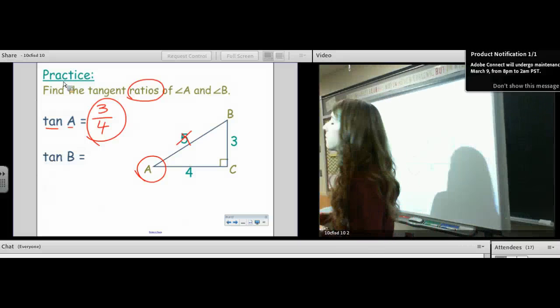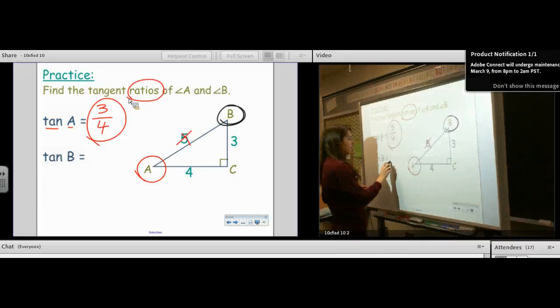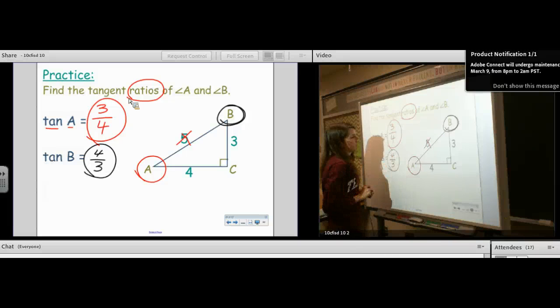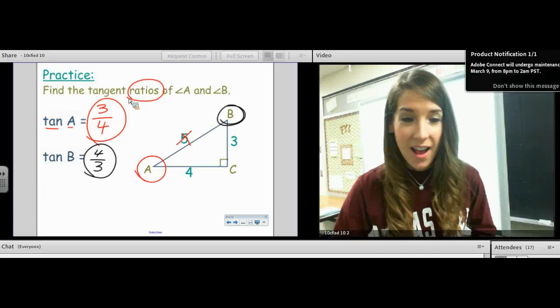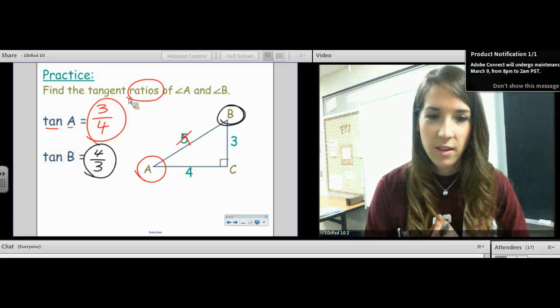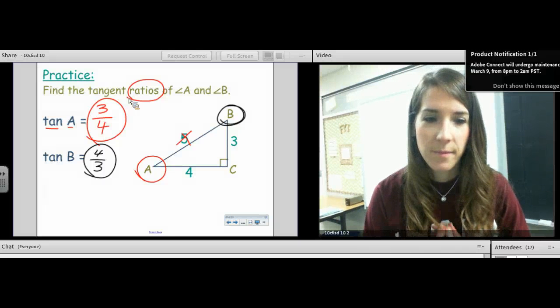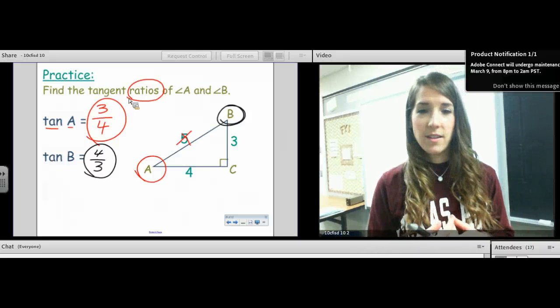So the tangent of B. What's opposite B? It's 4. What's adjacent to B? It's 3. So what would you conclude? Well, how do you find opposite and adjacent? Opposite, this is just a word.